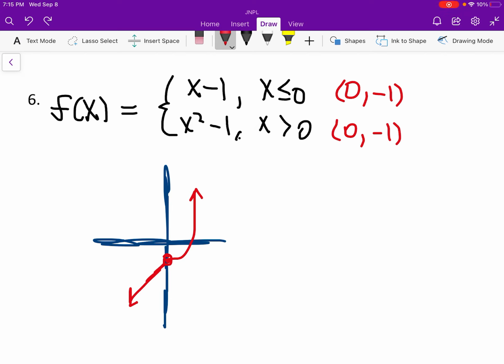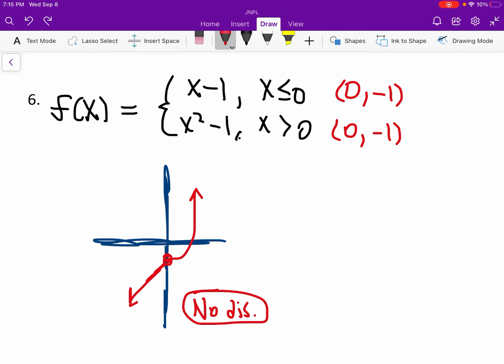So, is there a jump discontinuity this time? No. And so there are no discontinuities. That's because there could be a hole here if both of these didn't have an equal to, because then that value would be excluded, x equals 0. But that's not the case, because one of these is equal to 0, so no value is missing at all.